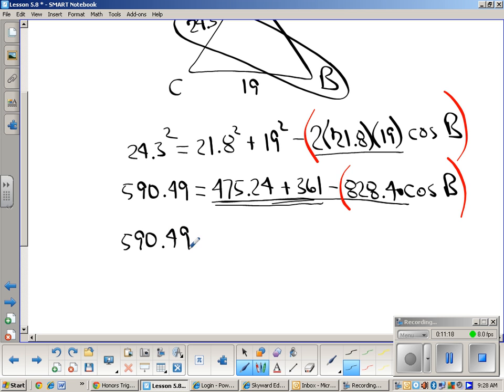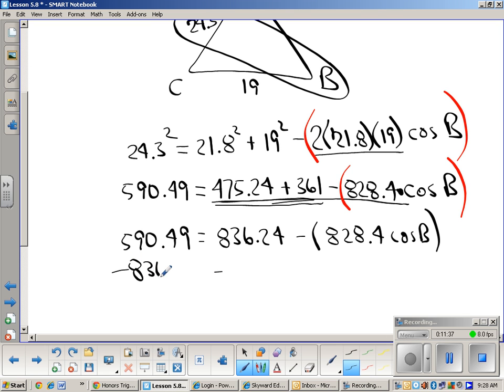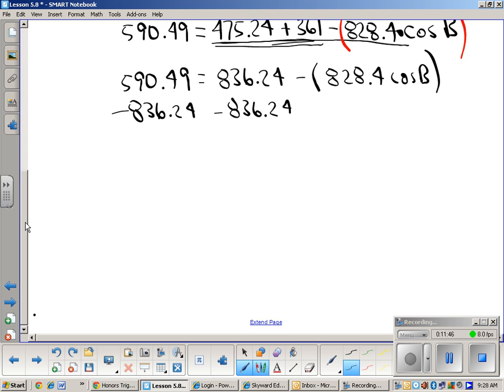590.49 equals 836.24 minus 828.4 cosine B. And so now if I subtract 836.24 from both sides, negative 245.75.